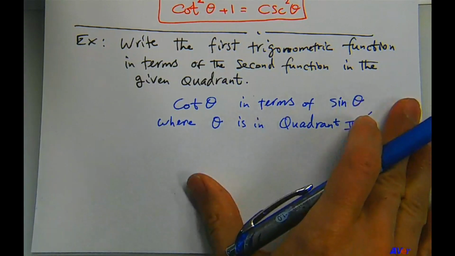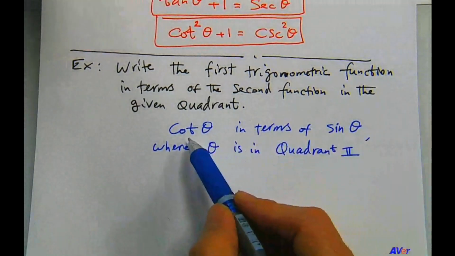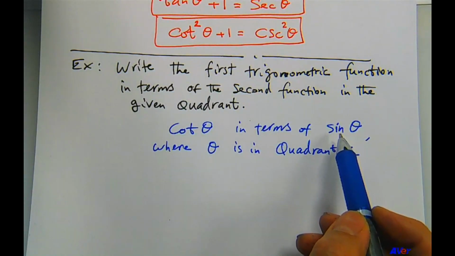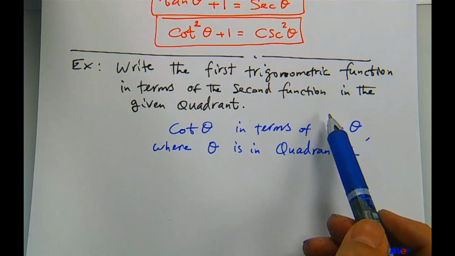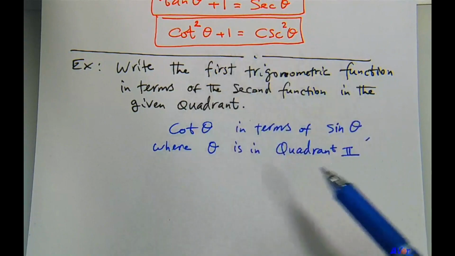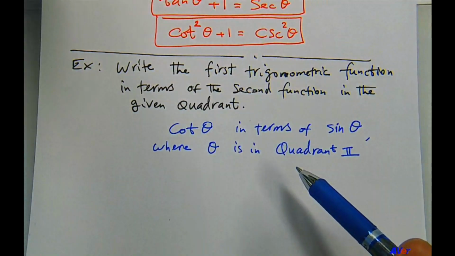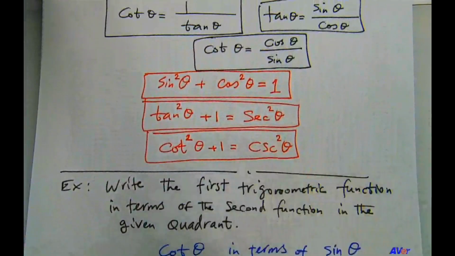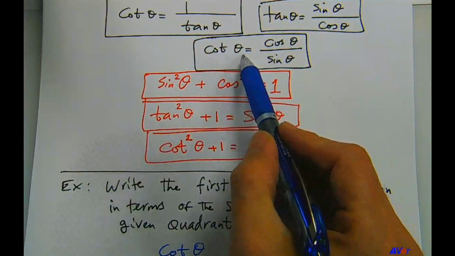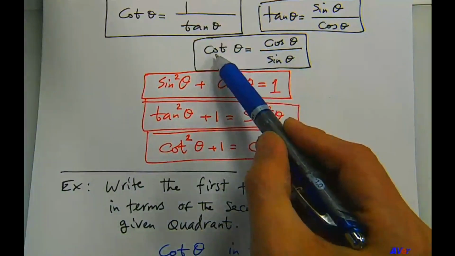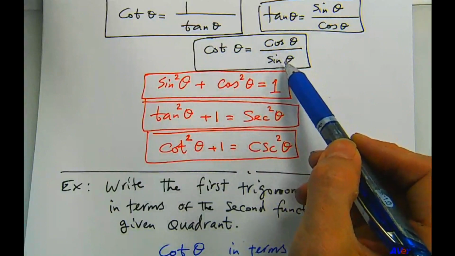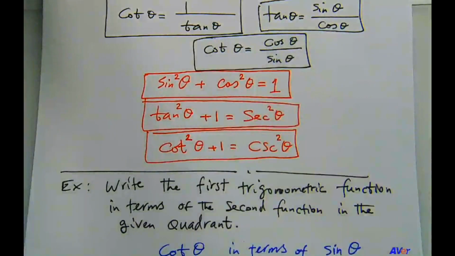Okay, so if we want to write cotangent in terms of sine, let's see if any of these properties can help us. Well, first of all, can I use this one? If I want to write cotangent in terms of sine, can I use this formula? Think about it.